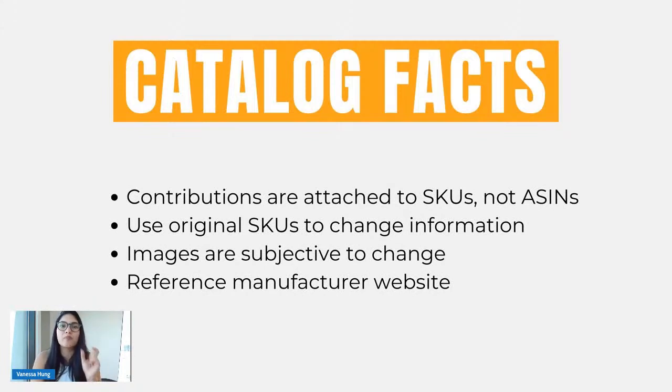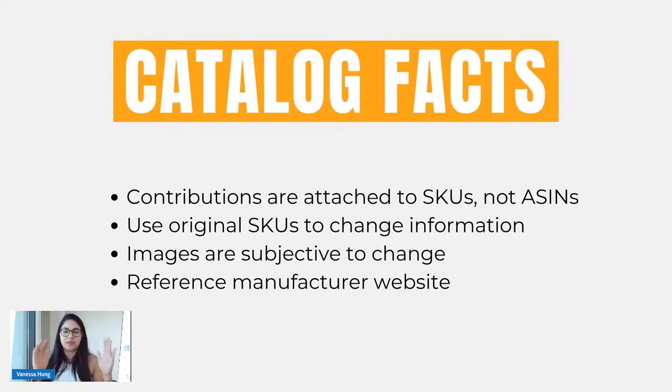Because there is where I'm going to be making all the changes. So if you right now have any issues with your listings and you're like, oh, Vanessa, I cannot change the title, my first question to you is, are you updating your original SKU? If not, go ahead and change that original SKU, because the other ones, the secondary ones, do not hold the contribution in the backend. Perfect. Okay, so again, change the information.